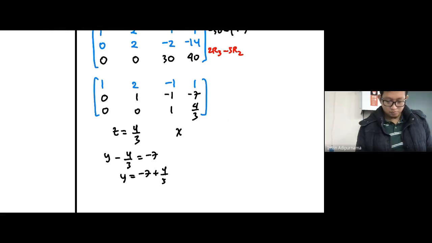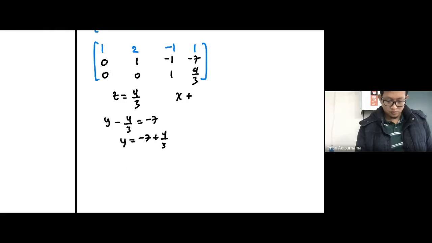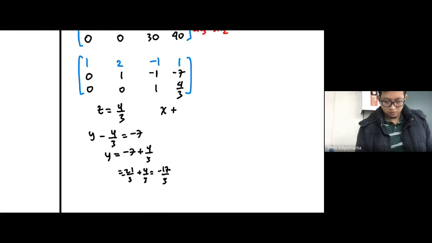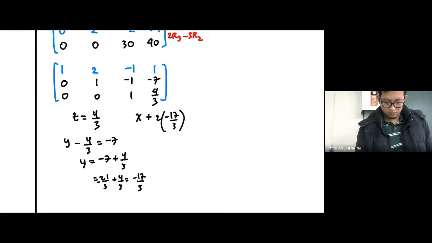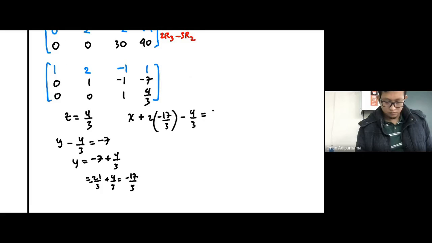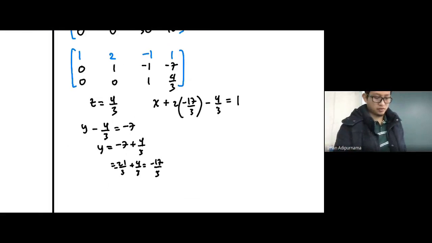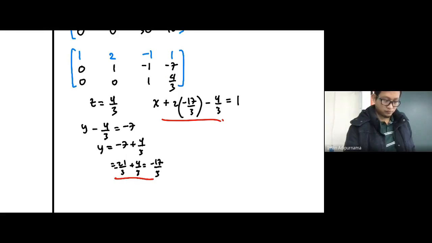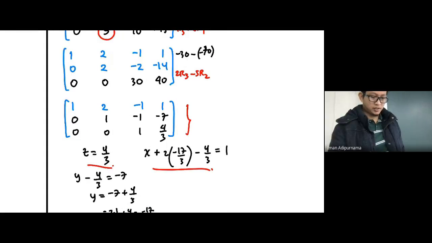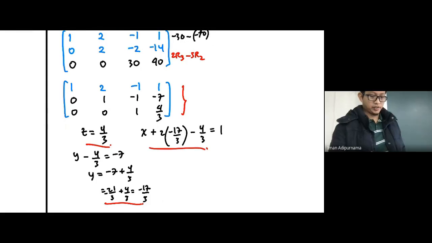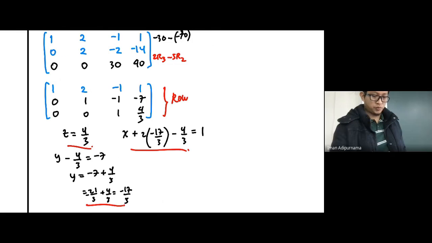And x plus... yeah, and you can solve that. Okay, up until here, this is already correct. This is the row echelon form that we want.